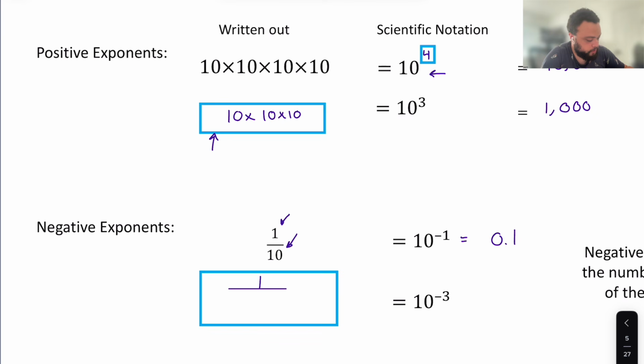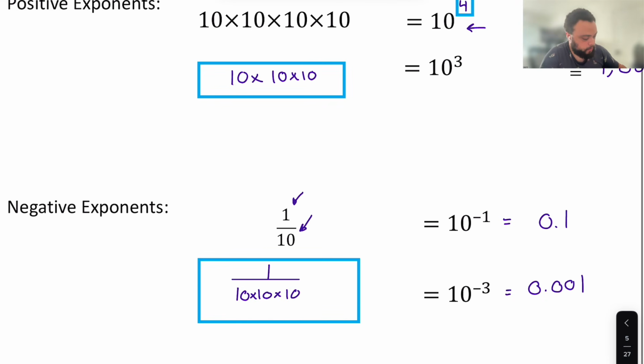Up here you have 10 times 10 times 10, so you could write that down there: 1 divided by 10 times 10 times 10. If you were to do all of this math out, you would get 0.001.